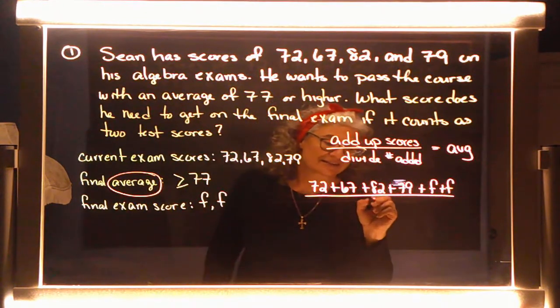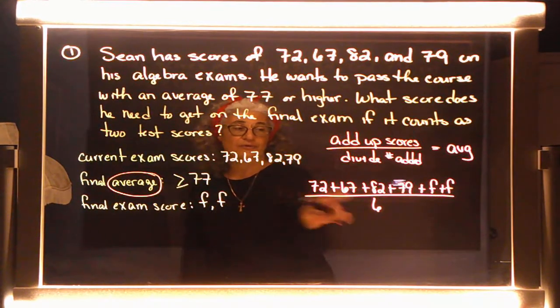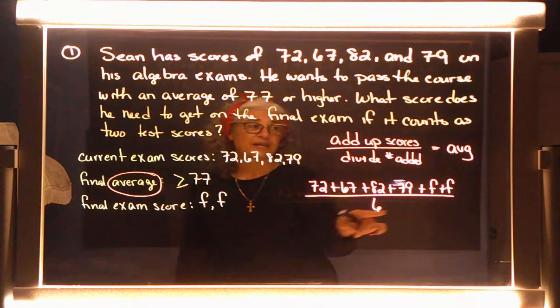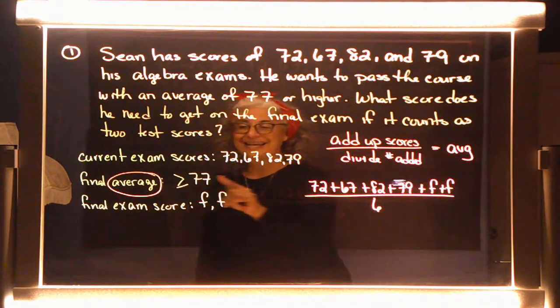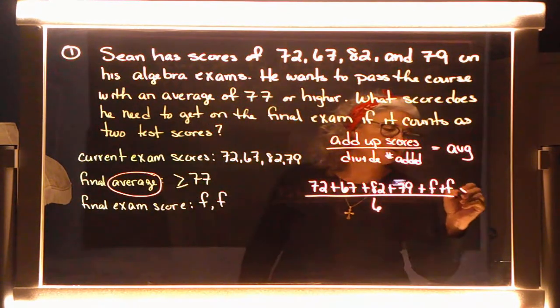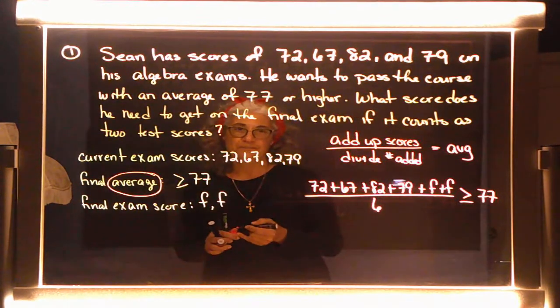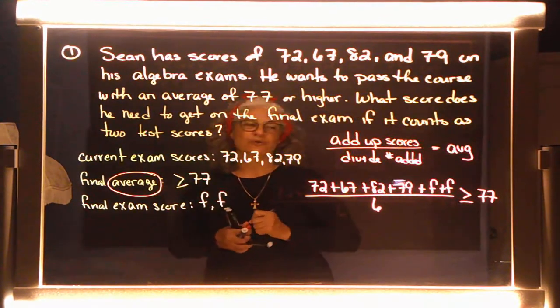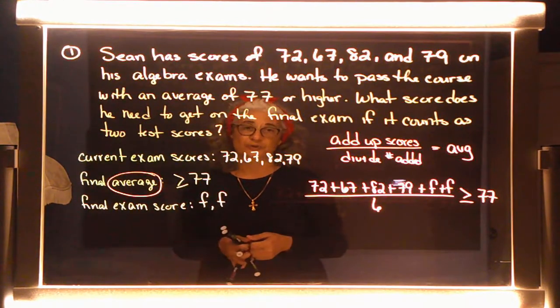I'm adding 6. I have these 4 exams, plus I'm counting the final twice, so I'm dividing by 6. And that equals the average. But in our case, it's not an equality. It's an inequality, and I want this to be greater than or equal to the 77. Cool? Does this make sense? Okay. And now we have an inequality to solve, don't we?